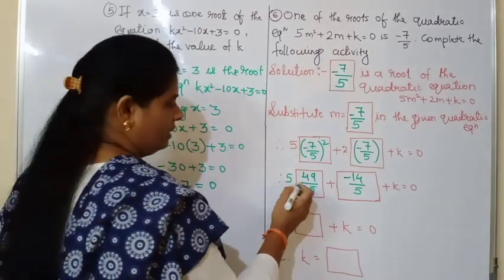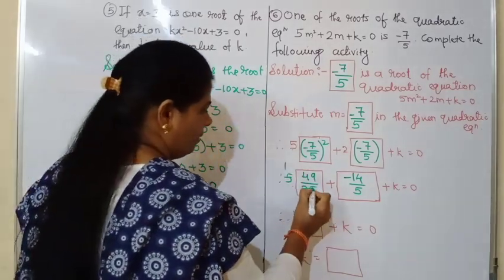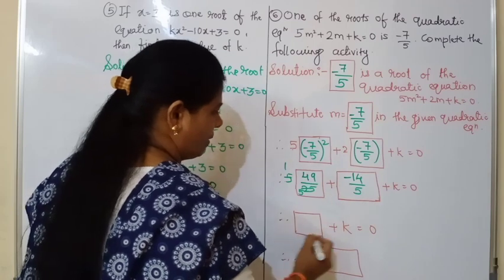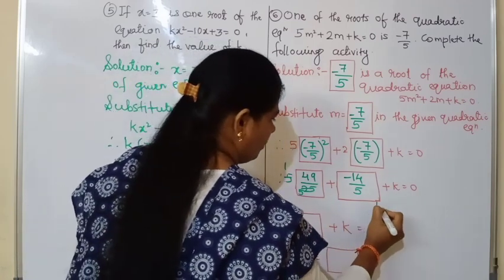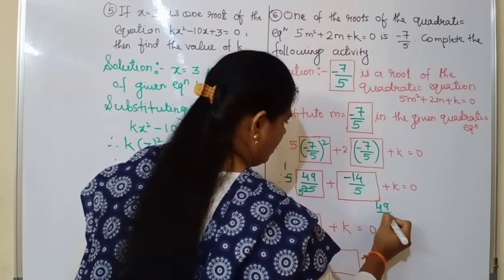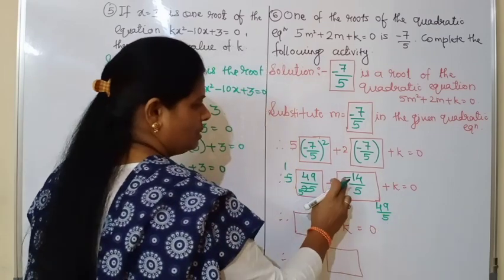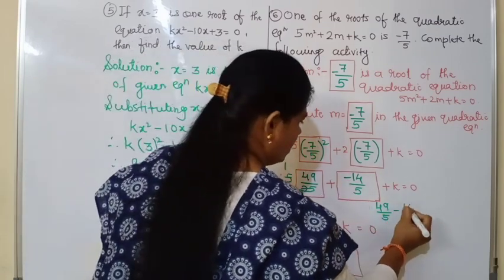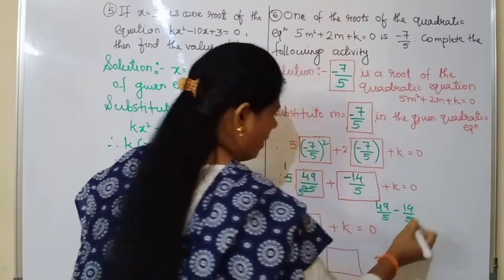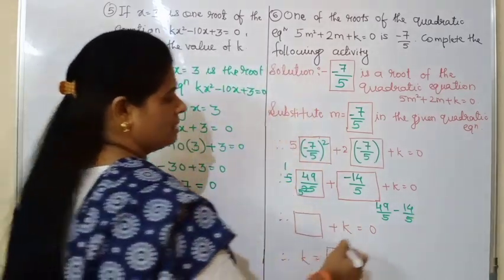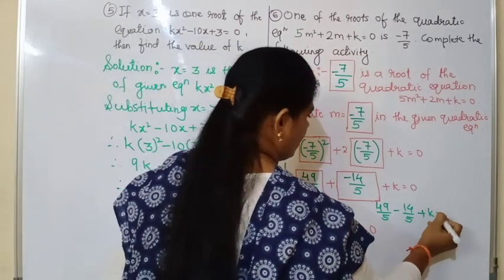Okay, now we'll divide this. 5 ones are 5 and 5 fives are 25. So what we'll get here? We will get 49 upon 5 plus into minus 14 upon 5. Okay, and plus k equal to 0.